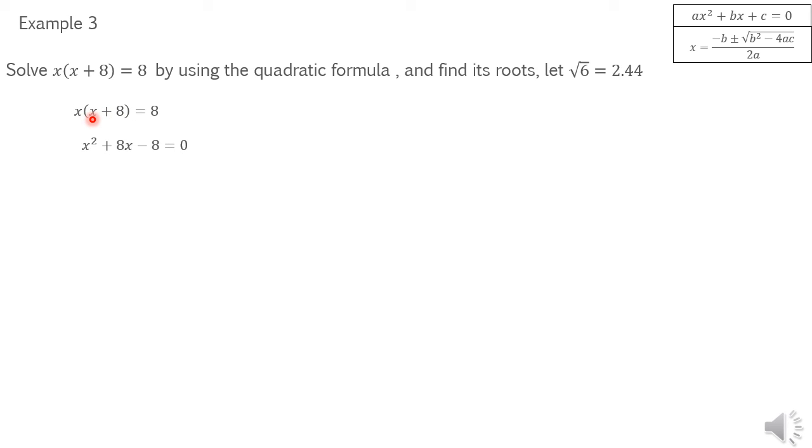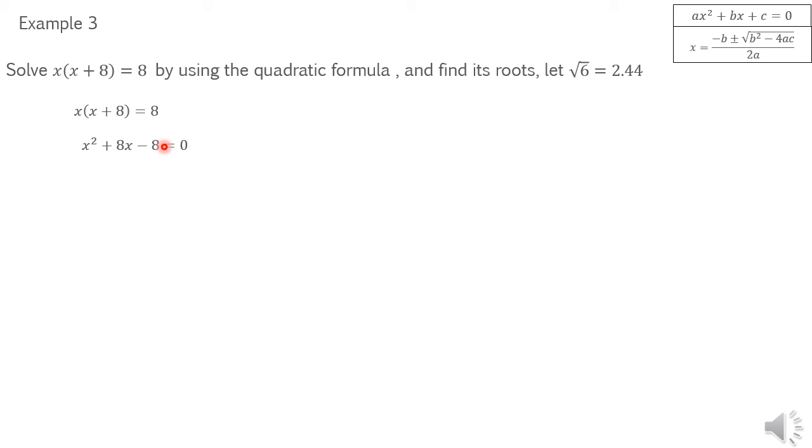If you multiply x by 8, that is 8x. Then this constant number you can take to the left hand side, so that is negative 8. This is the usual form: x square plus 8x minus 8 equals 0, right?